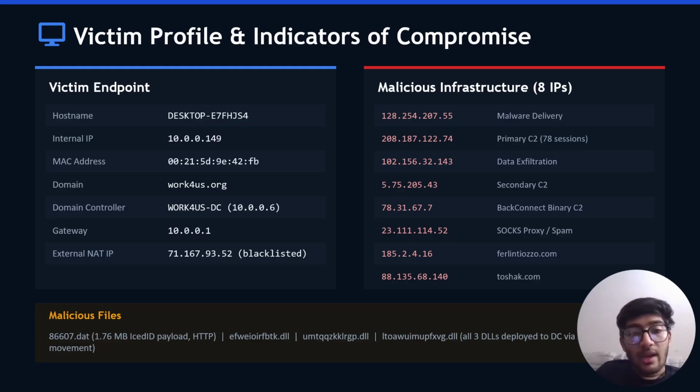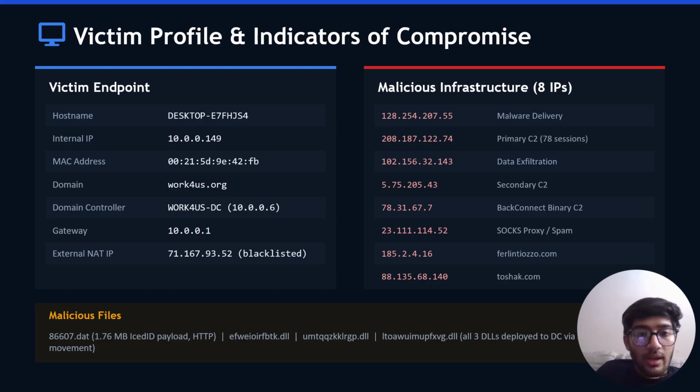On the right, I have catalogued all 8 malicious IP addresses involved. There is the initial malware delivery server at 128.254.207.54, the primary C2 at 208.187.122.74 with 78 TLS sessions, the data exfiltration server, and the secondary C2.